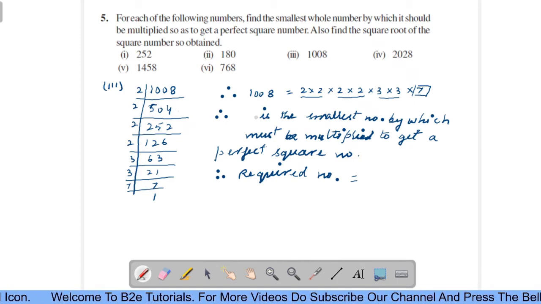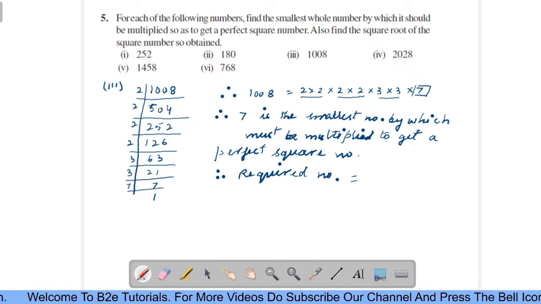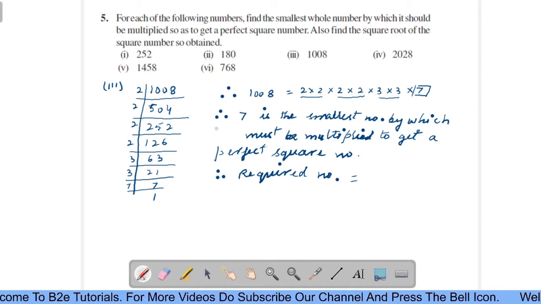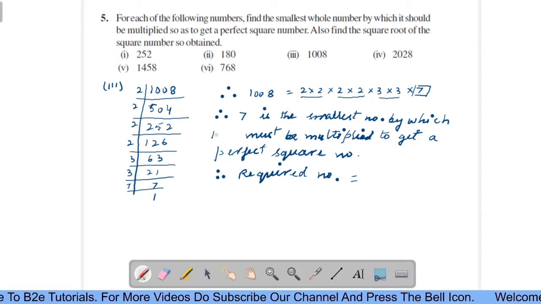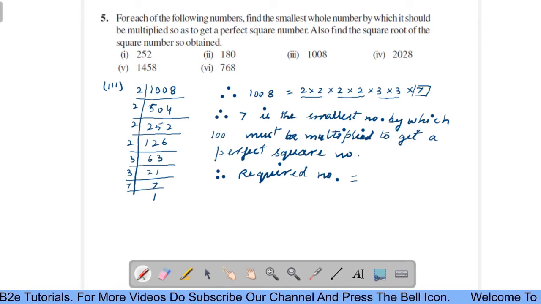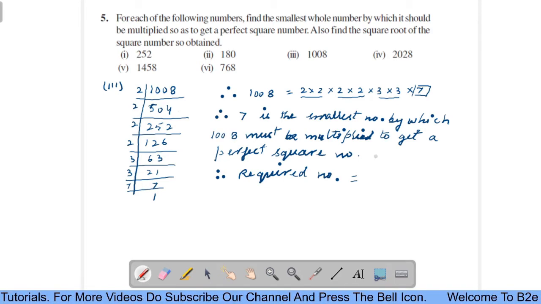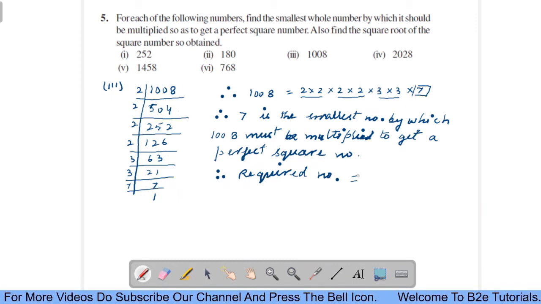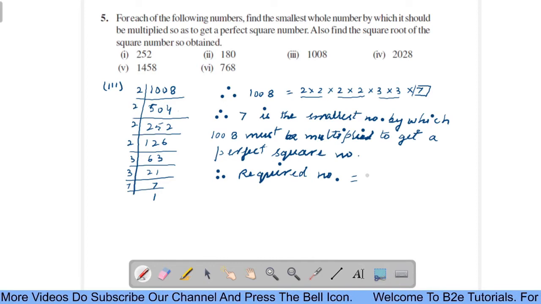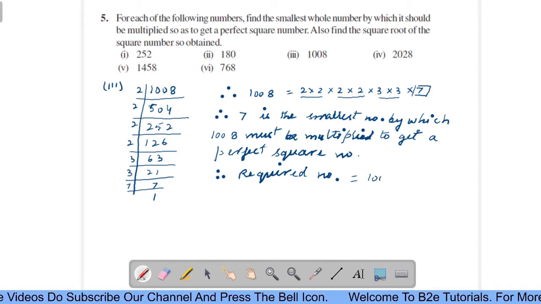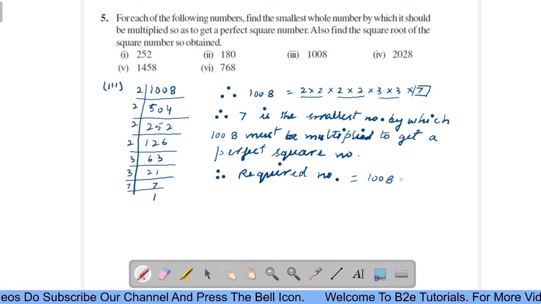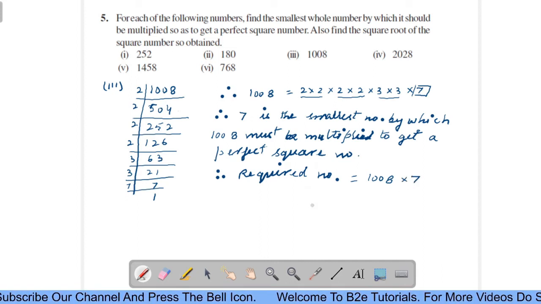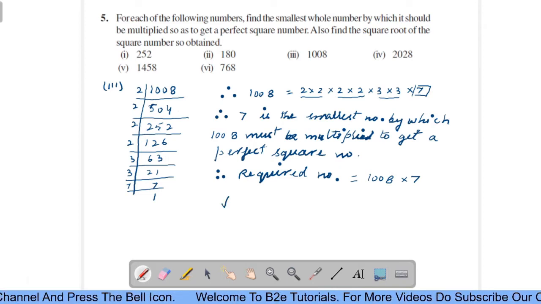Therefore, we can say that 7 is the smallest number by which 1008 must be multiplied to get a perfect square number. Therefore, required number equal to 1008 multiplied by 7.